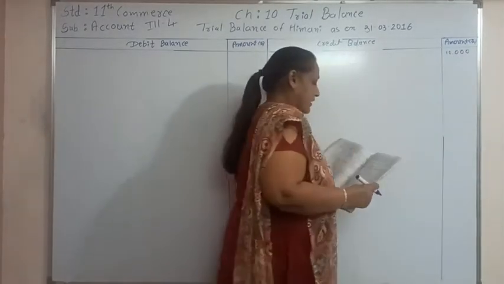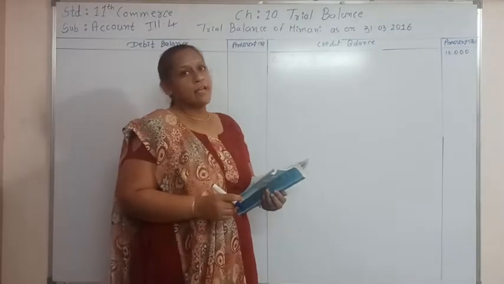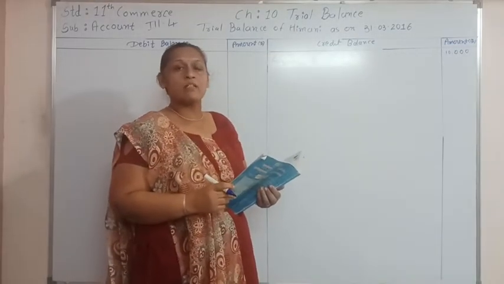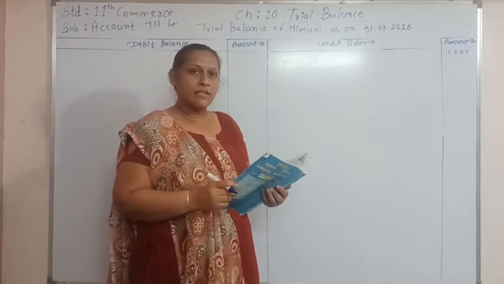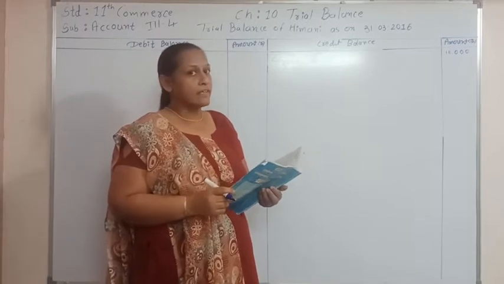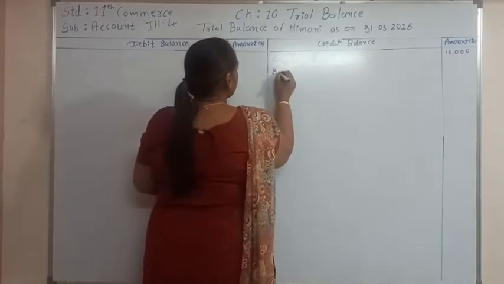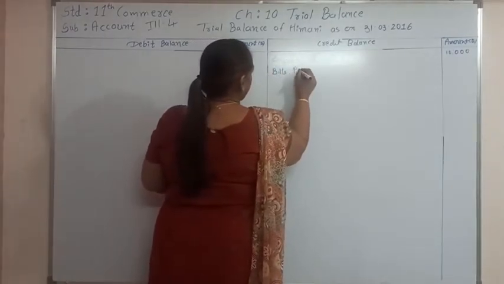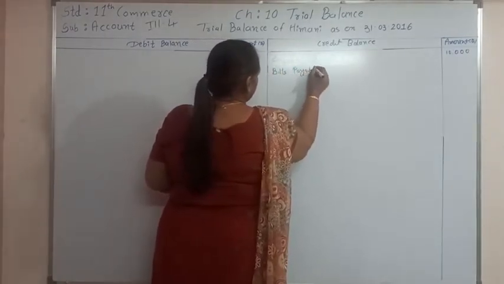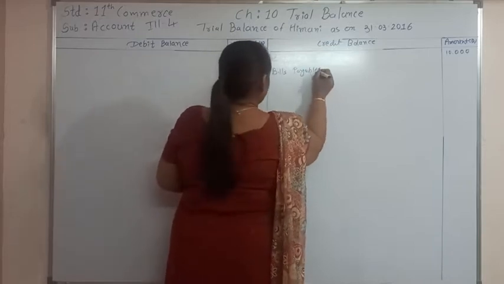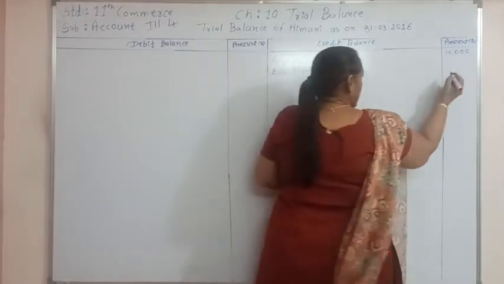Then the other thing we can see is bills payable. As we know, bills payable is also our liability and it has credit balance. So again we are going to write bills payable on the credit side, that is again 9,000.